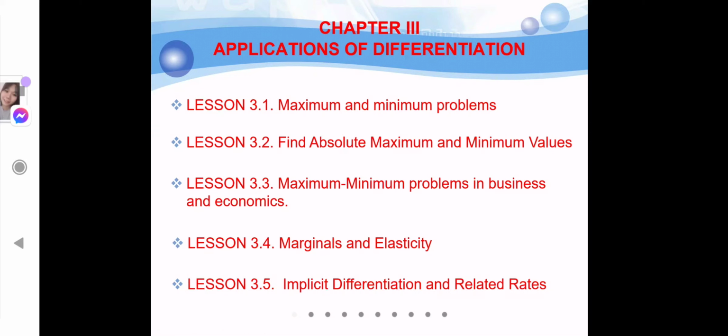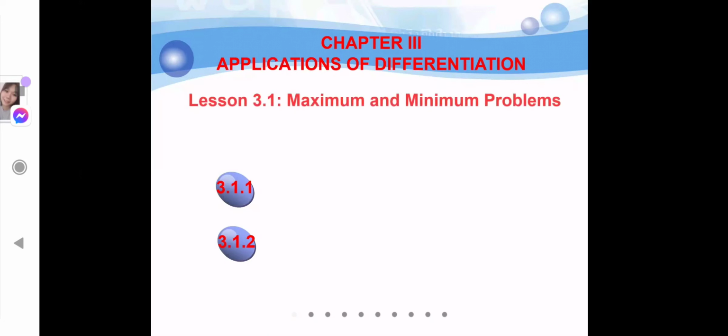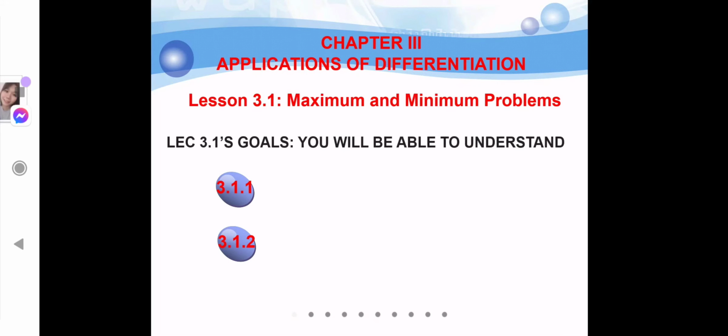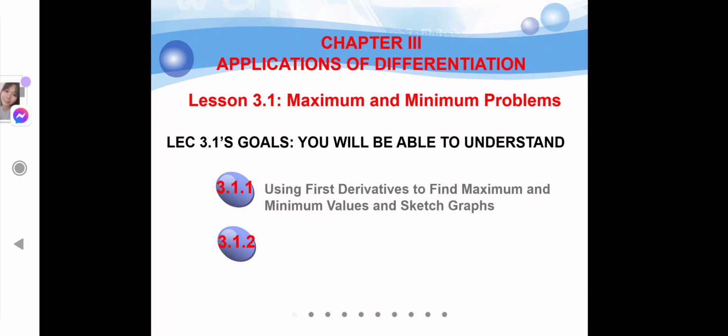Today we move to the first lesson. Lesson 3.1, maximum and minimum problem. By the end of this lesson, you will be able to understand the two methods to find the relative maximum and minimum values of a function of one variable.